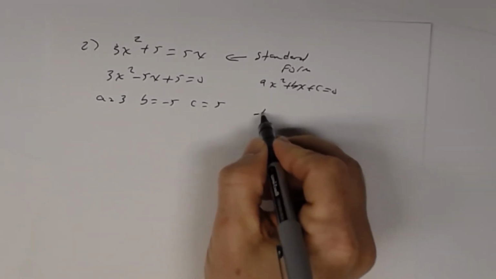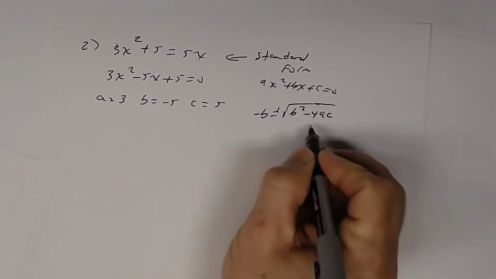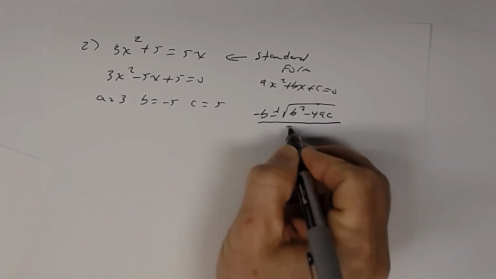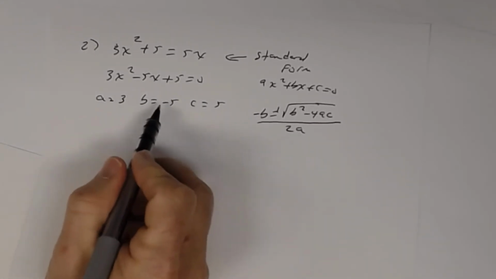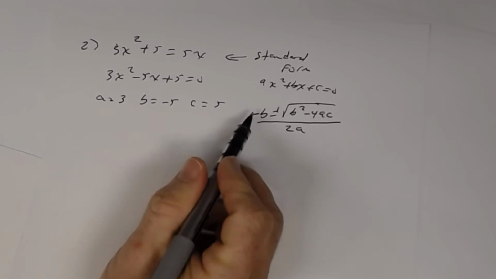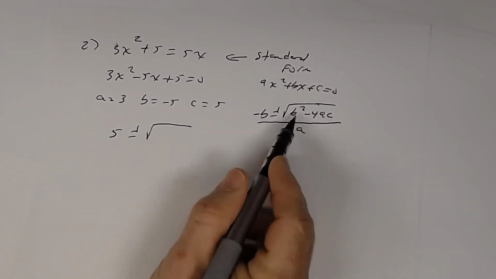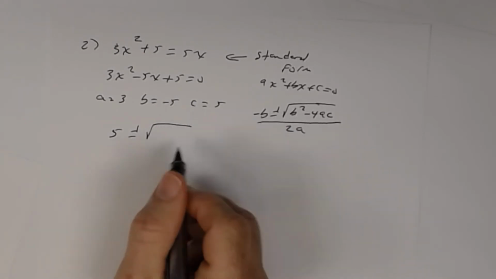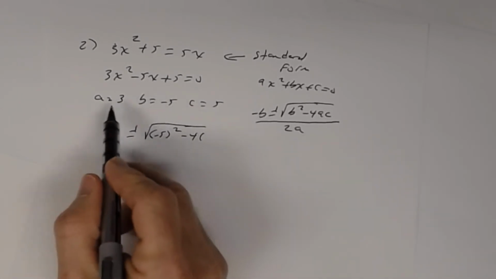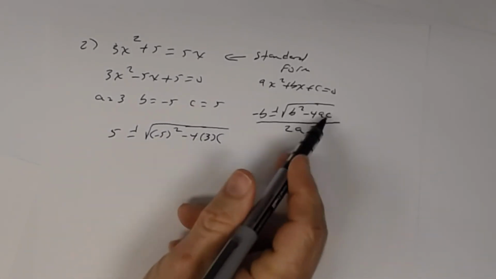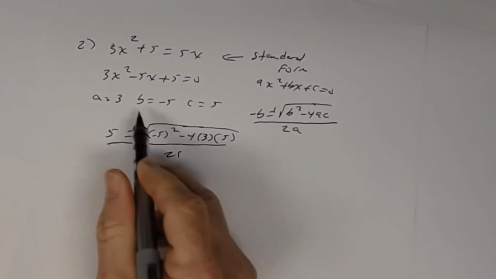Remember, the formula is -b plus or minus the square root of b squared minus 4ac, all divided by 2a. So the opposite of b, where b is -5, is +5. So I get 5 plus or minus the square root of, b is -5, I'm going to square it, minus 4 times a, which is 3, times c, which is 5, all divided by 2 times a, and a is 3.